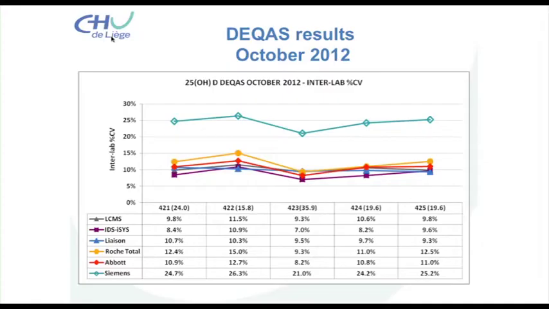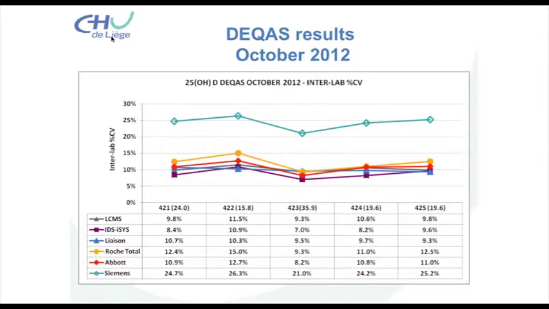So what are the results of those QC? These are the last ones, the controls of October 2012. This is the coefficient of variation between the labs. Here, the Siemens Centaur assay presents a tremendous coefficient of variation of more than 20%, much more important than all the other methods.